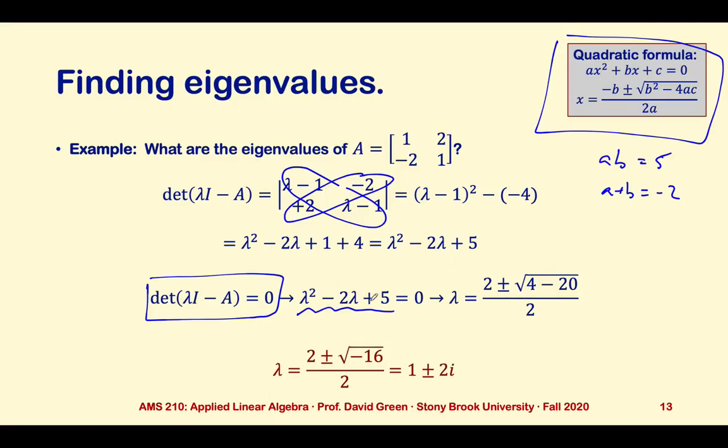So this gives us negative -2 is 2, plus or minus the square root of 2 squared is 4, minus 4 times 1 times 5 is 20, divided by 2 times 1 is 2. Now, when we look at the discriminant, the value inside this root, it's -16.